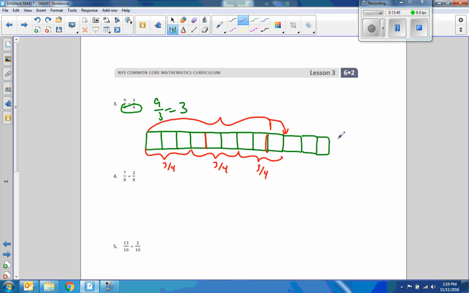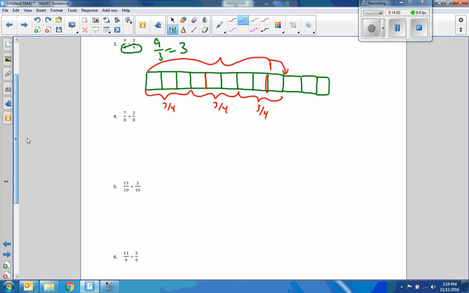This is 9 out of 12, or 9 quarters. And I can split those up into 3 quarters, and there are 3 3/4 in 9 quarters. That one's a little confusing.